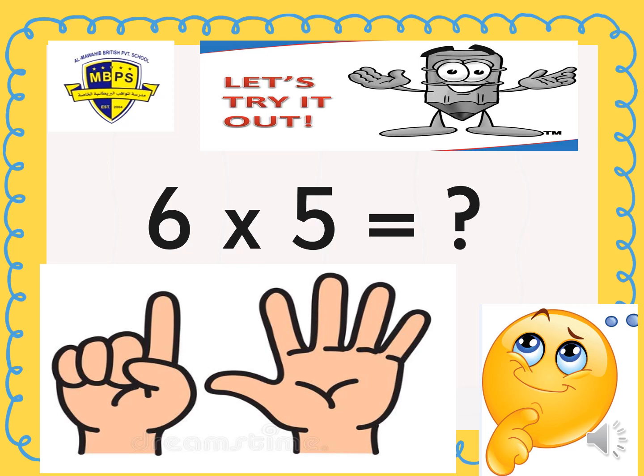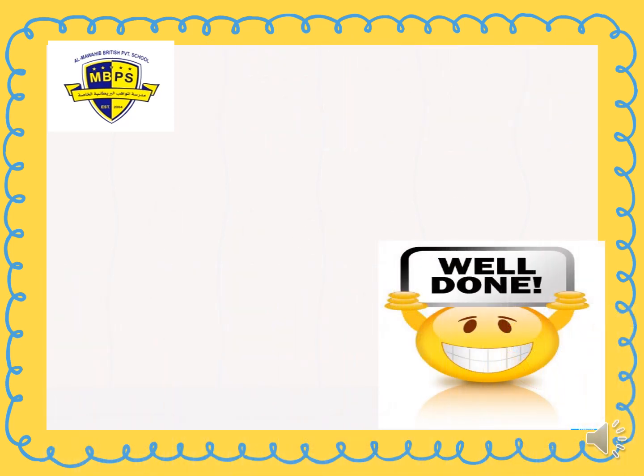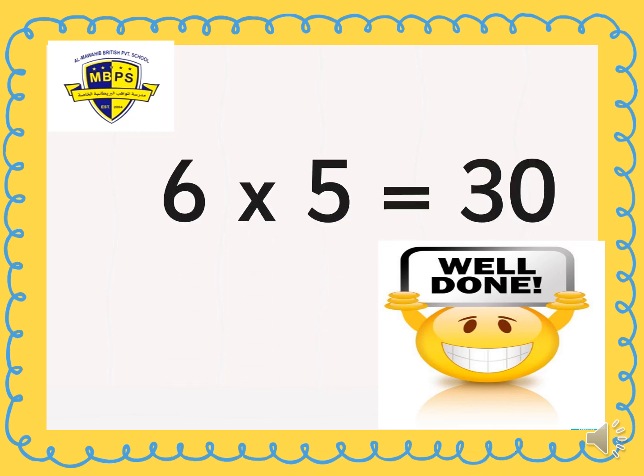Now we will skip by 5, which means that on each finger we will have 5. Start to skip by 5 and you will find the answer. Very good. 6 multiplied by 5 equal 30.